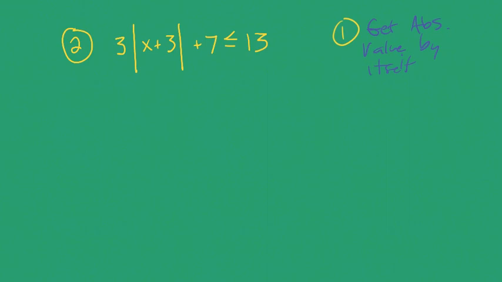That means we need to get rid of this 3 and the 7. The 3 is butted up against the absolute value, so we'll get rid of that last. Going to start out by getting rid of the 7. Subtract both sides by 7. Bring down our inequality. 13 minus 7 is 6. And now on the left, we've got the 3 and the absolute value.